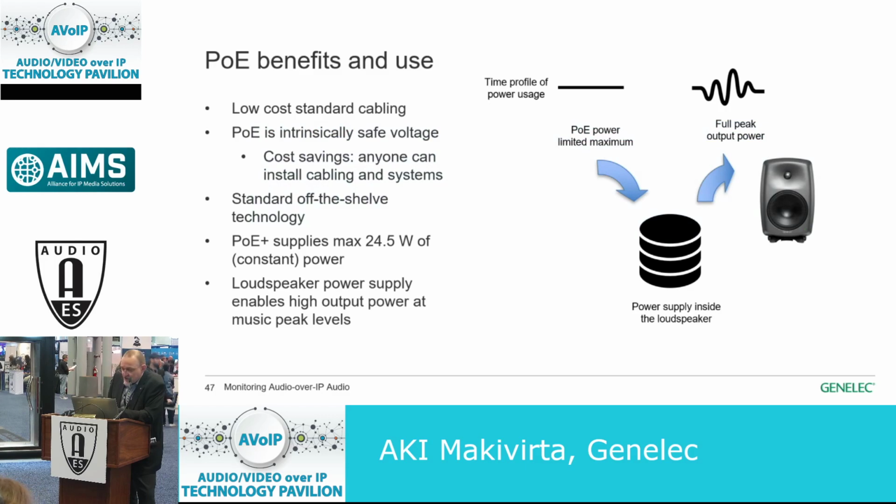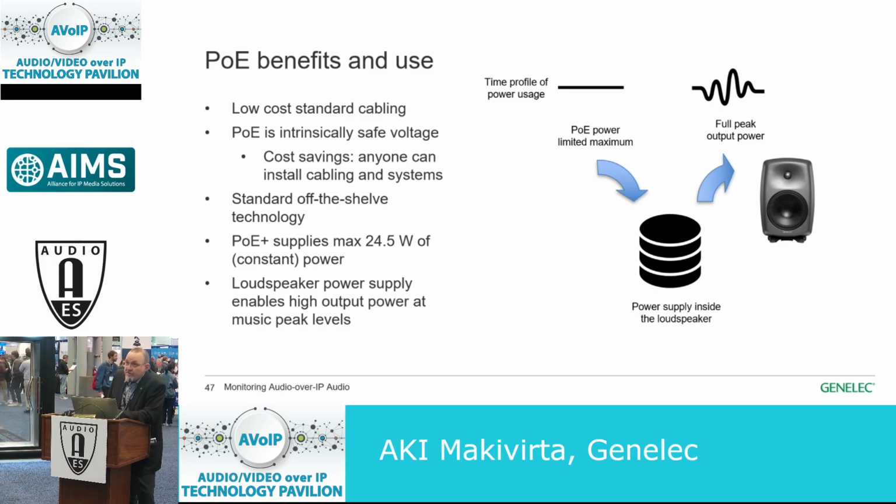So what you have is a situation where you have a constant rate of power input into the device, but if you are working with a signal like audio, then you know that audio on average has a relatively low power level, but then you have very high peaks. Depending on the crest factor in your audio, you can have very high peaks, but your average level is relatively low.